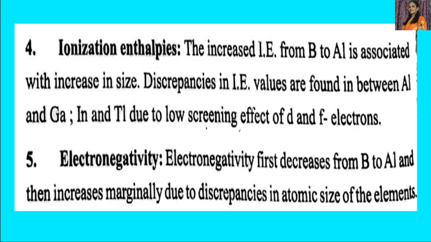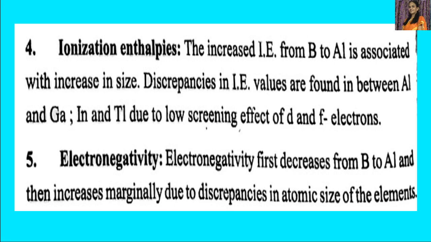In the case of indium and thallium, it is due to the low screening effect of d and f electrons. So this we have to remember in the case of ionization enthalpies. Otherwise, in general, as we move down the group, ionization energy gradually decreases due to the increase in atomic size. Wherever there is a discrepancy in atomic size, we can observe some change in the ionization enthalpy trend.